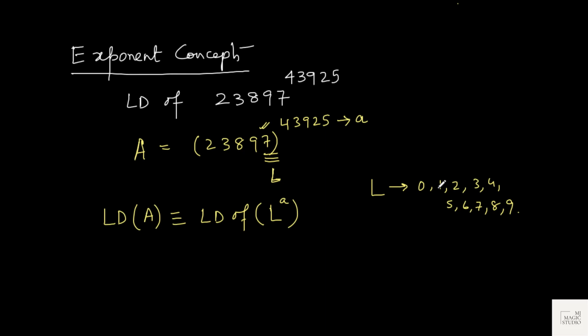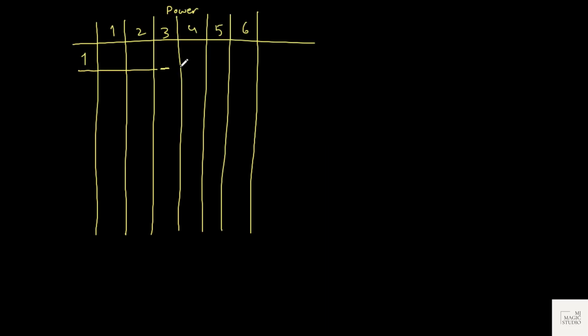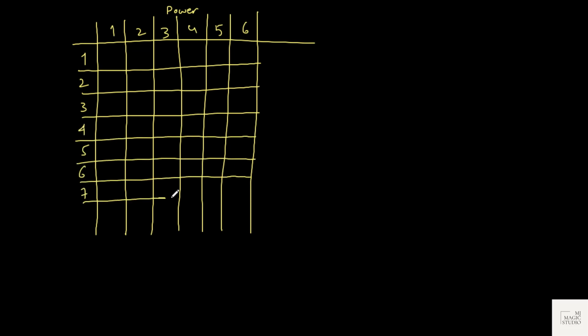We need to deal with these 10 digits as L, and then we will see, with the changing value of A, how we can find the last digit of the entire expression.